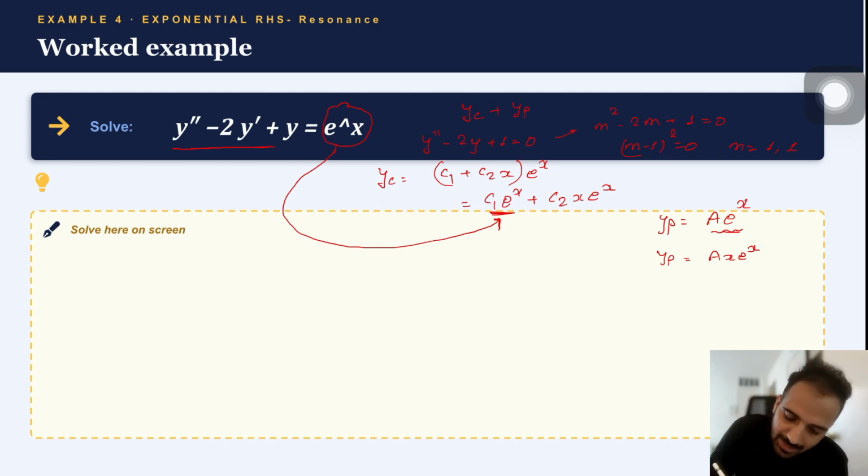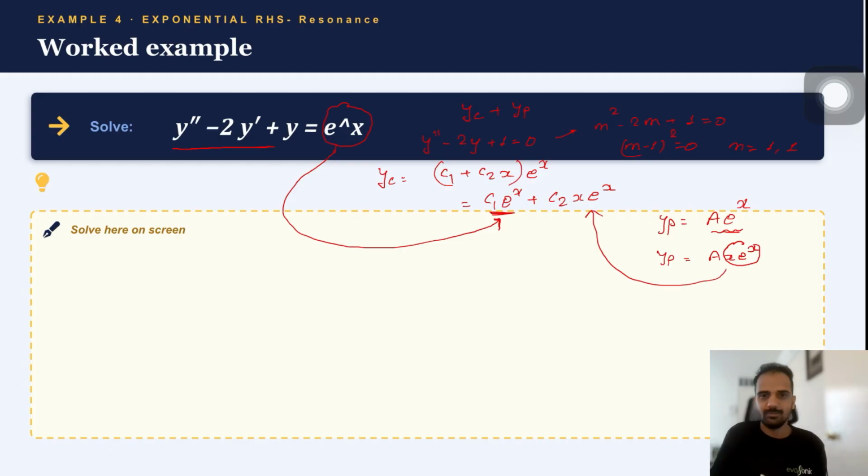Still, x e^x is inside your complementary solution, so you have to multiply it by one more x. That means your final trial particular solution will be a x squared e^x.